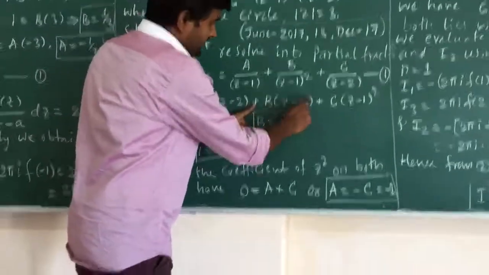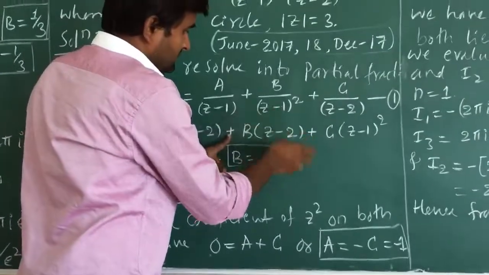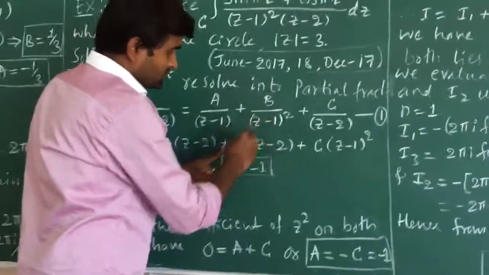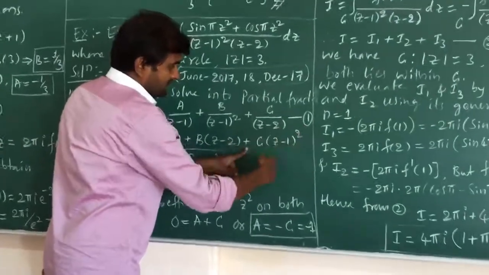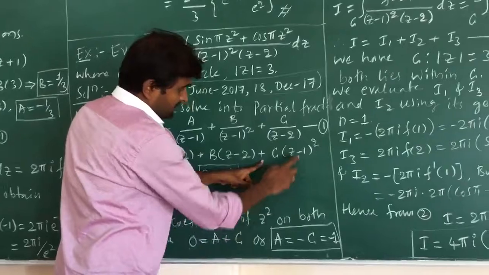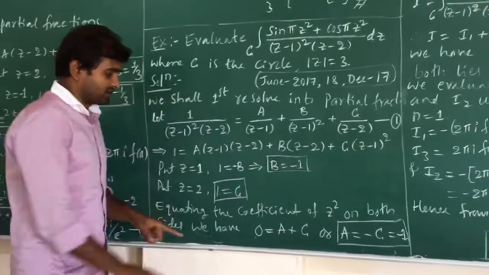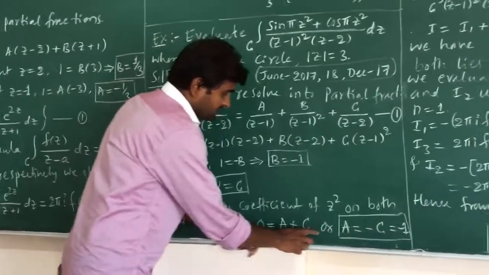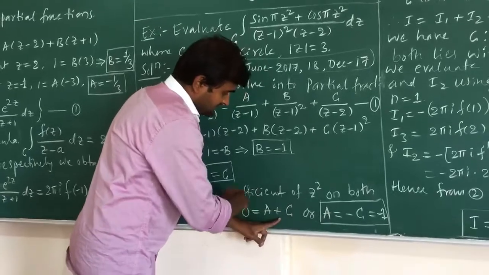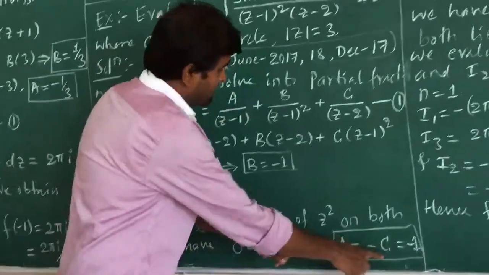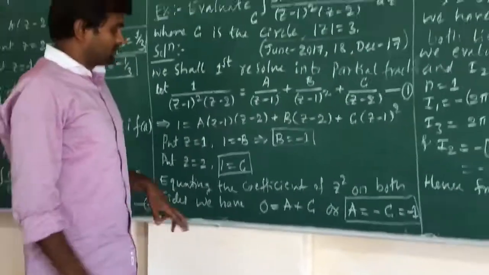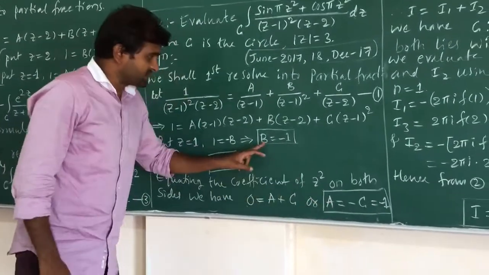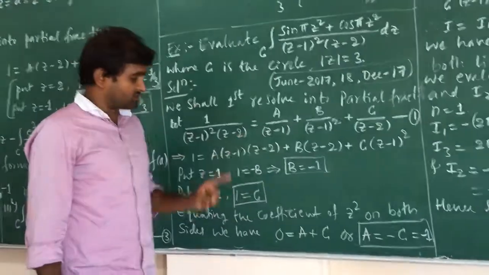Plus b has no z squared term because we have only z minus 2, so that is 0. Plus c into (z minus 1) whole squared gives c. So 0 equals a plus c, then a is minus c. Since c is plus 1, a is minus 1. So a is minus 1, b is minus 1, and c is plus 1.